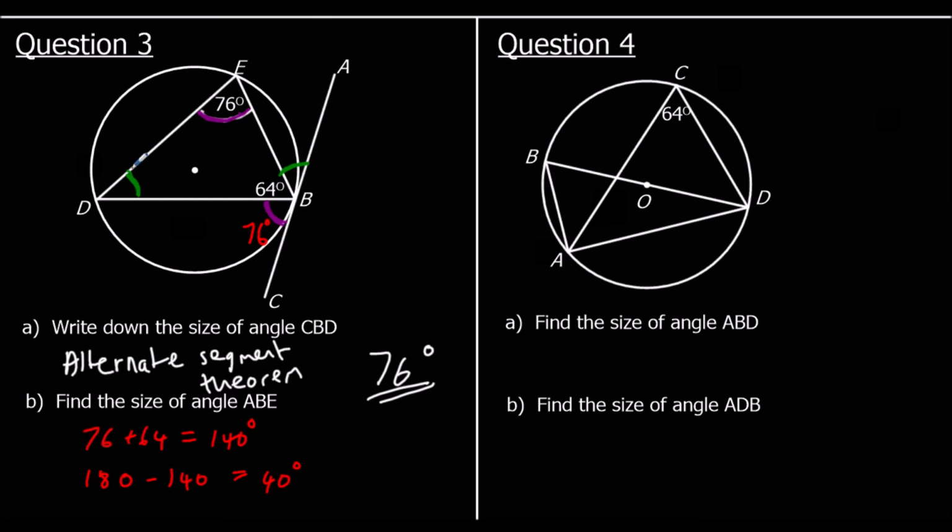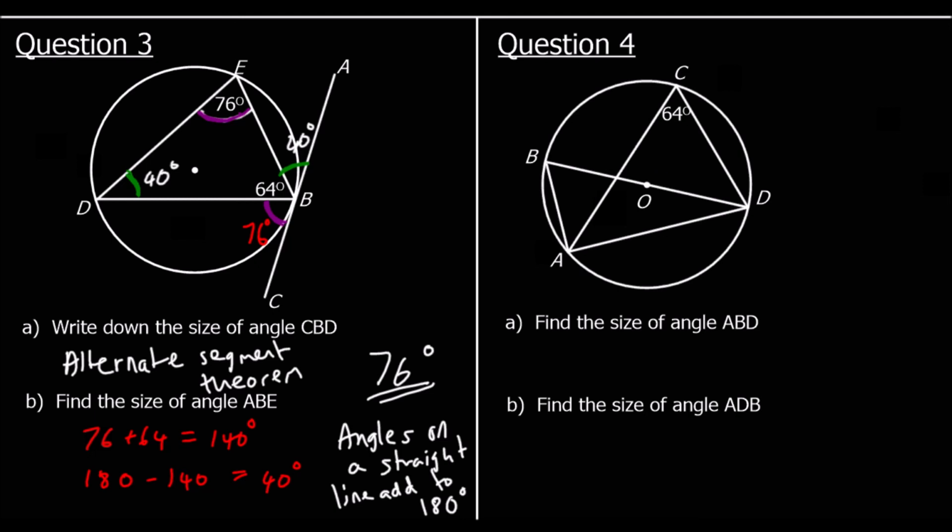So we could use the alternate segment theorem with angles in a triangle, or we could just use angles in a straight line. So it is angles on a straight line add to 180 degrees.